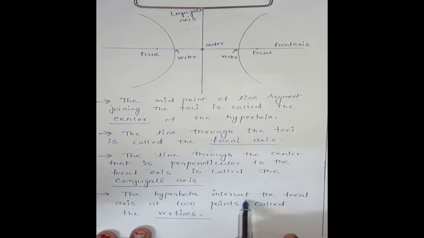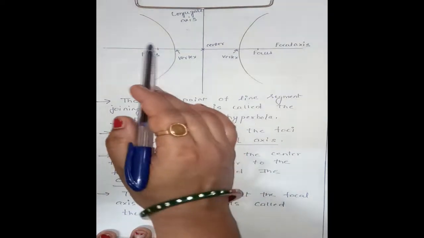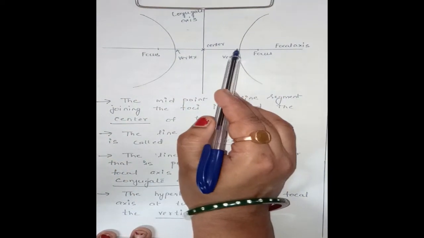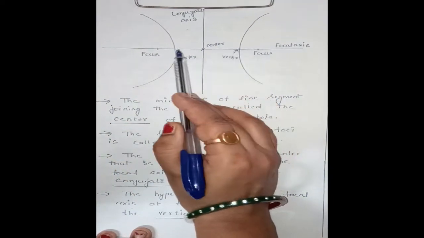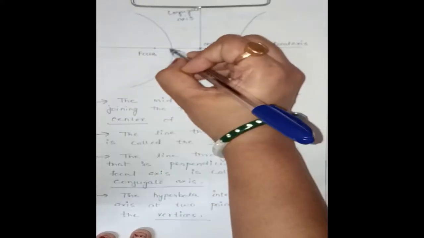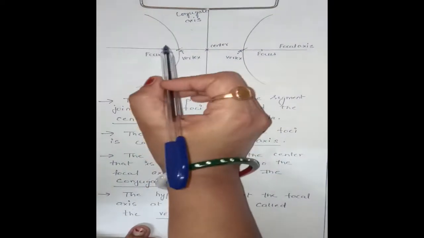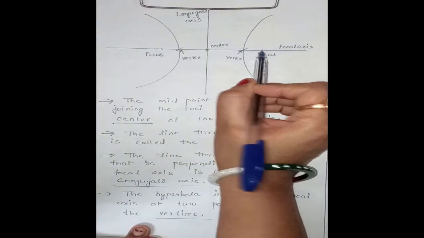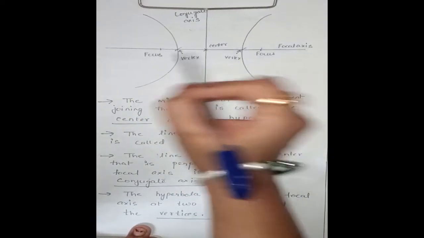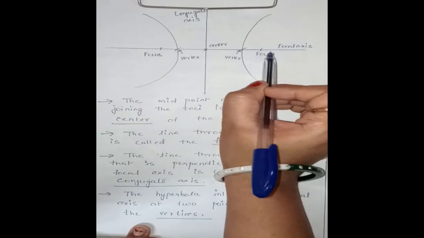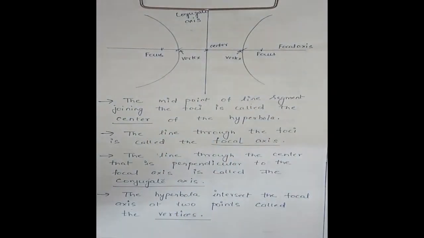And the hyperbola intersects the focal axis at 2 points called the vertices. These two are the vertices, this one and this one. And the fixed points, we know, are the foci. These two fixed points are called the foci. Clear?